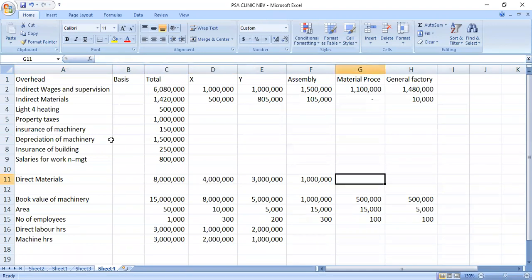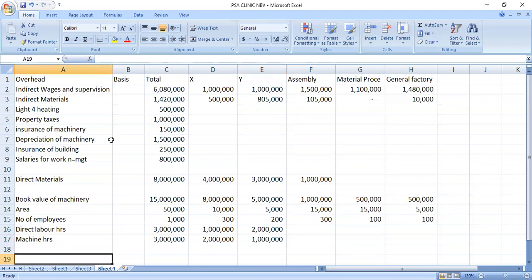So everything was done for us. Then we had the activity. I've just tried to redo the information, but I know the order was different in the question, though I'm sure you're still getting it. We had the total columns, then the splits for X, Y, and assembly, and so forth. So this is the information, guys. You're supposed to just do the needful.